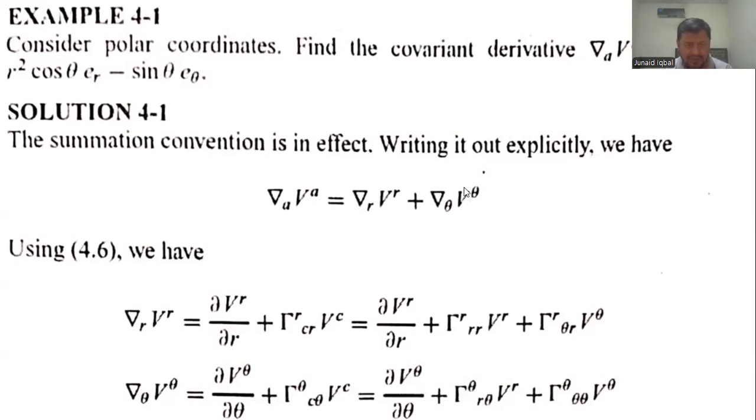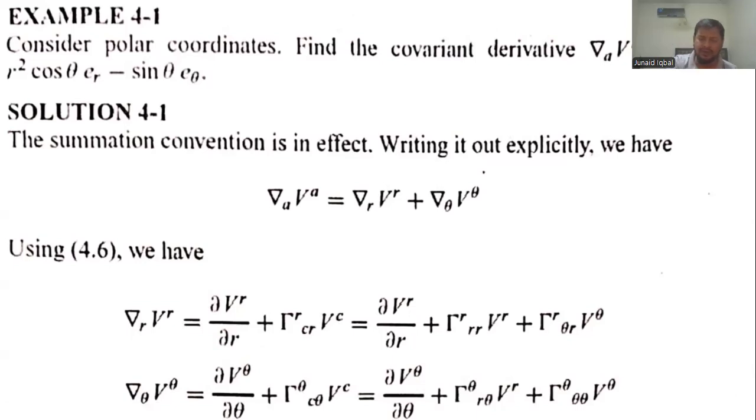Now we will calculate the first term of the right hand side and the second term of the right hand side separately. According to the definition of the covariant derivative, the covariant derivative of V r with respect to r is equal to the partial derivative of V r with respect to r plus a Christoffel symbol term, and similarly for the covariant derivative of V theta with respect to theta. The Christoffel symbols are unknown, so we compute them for the polar coordinates.